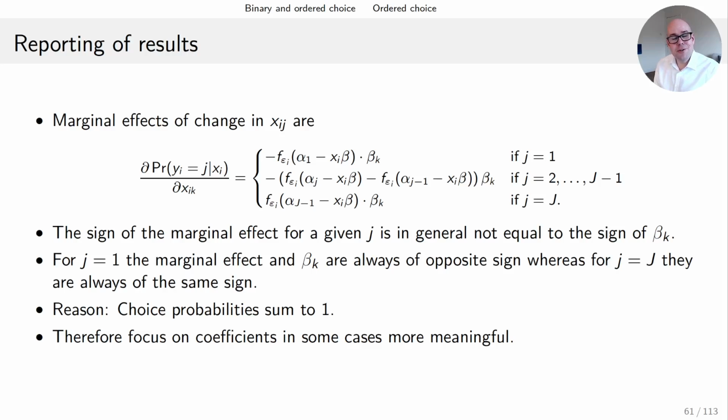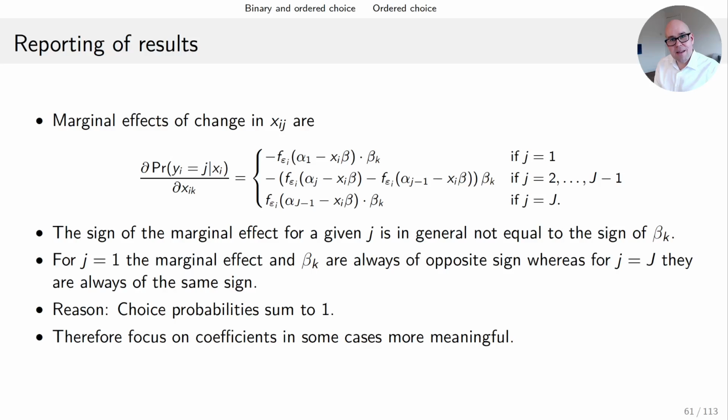When I change xi by a little bit. And that was the derivative of the CDF of epsilon evaluated at xi beta with respect to xi. And that gave me the density of epsilon evaluated at xi beta times beta. Okay, a density is always positive. So what that means is that in the binary choice model, the sign of the marginal effect is always equal to the sign of the coefficient that I'm looking at.